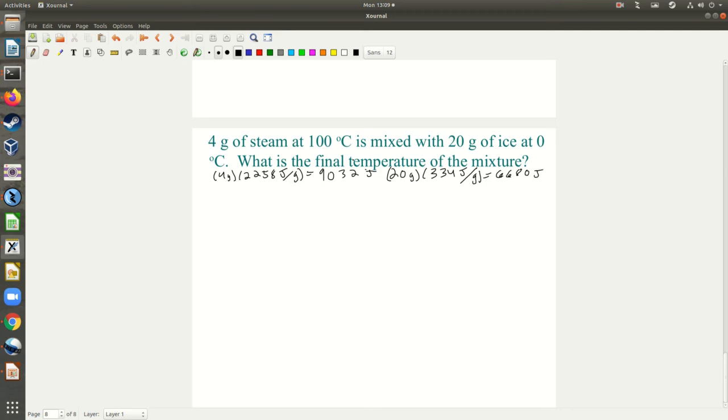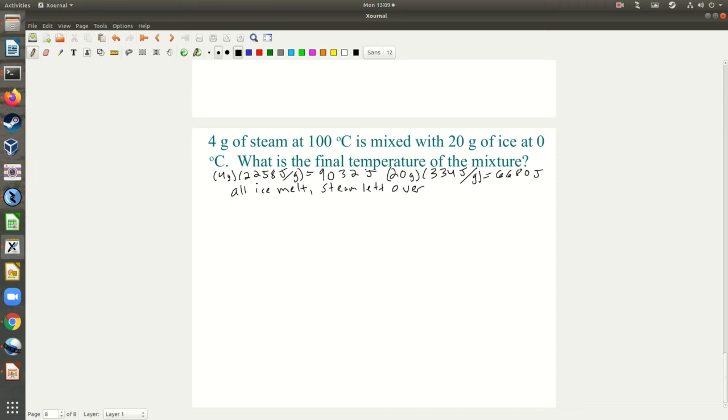What this means is it takes more energy to convert all of your steam than it does to convert your ice into a liquid. So in this process, all the ice will melt, which takes less energy, and you're still going to have steam left over.